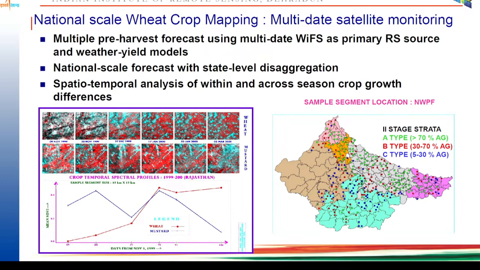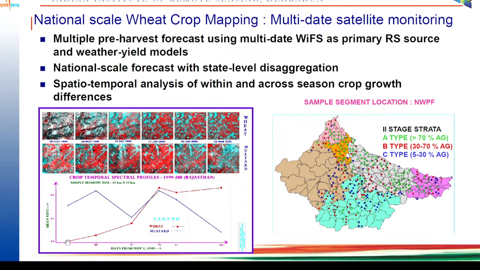So to overcome this problem, we need multi-date data, meaning acquiring imagery 4, 5 or 6 times in the growing season of the wheat crop. Here you see the NDVI, normalized difference vegetation index profile of the wheat crop, in brown color.